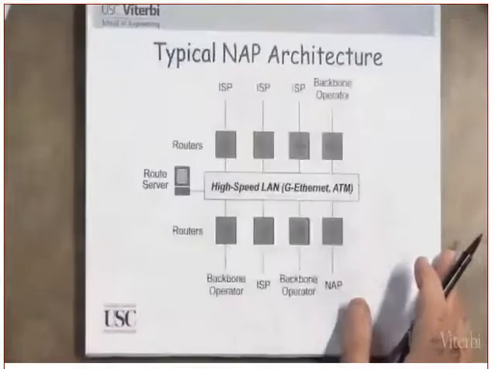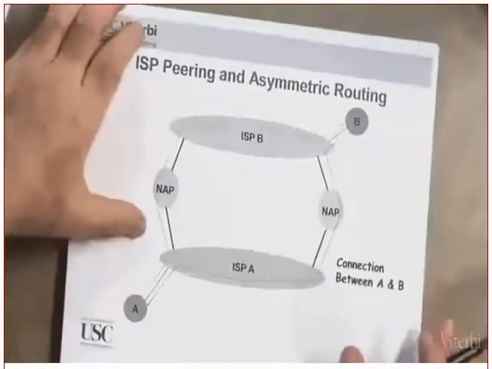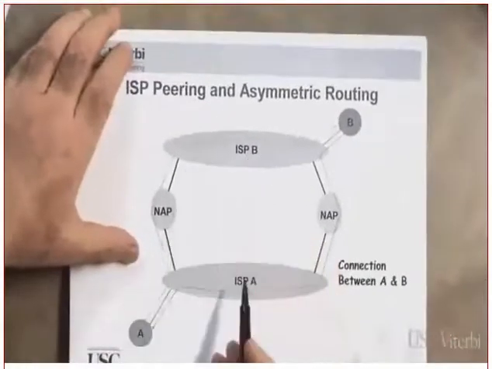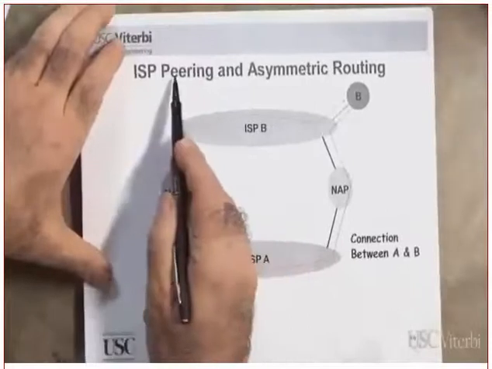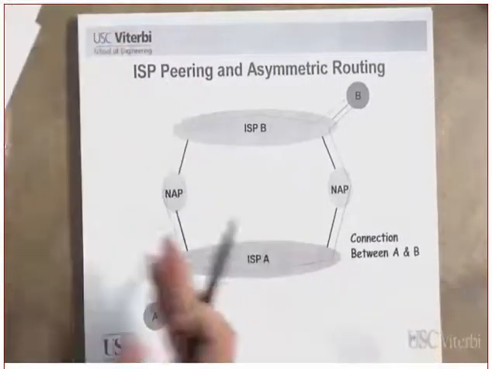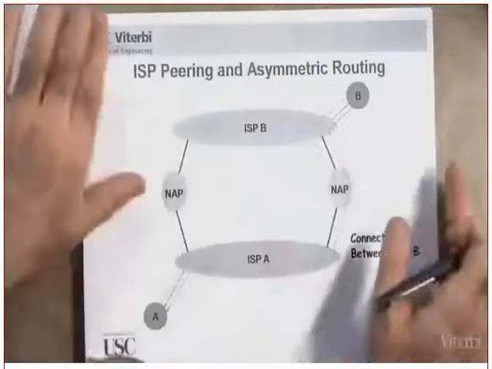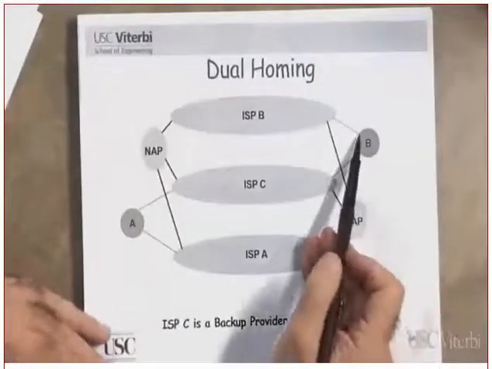The connectivity between, let's look at this. Here we have an ISP and another ISP. They are either connected via peering. Peering means equal. Let me show you in this diagram.